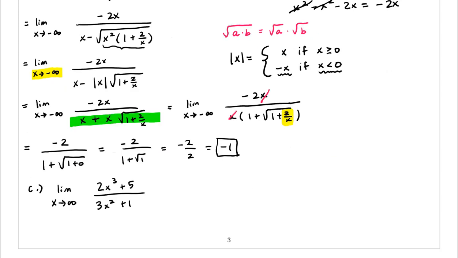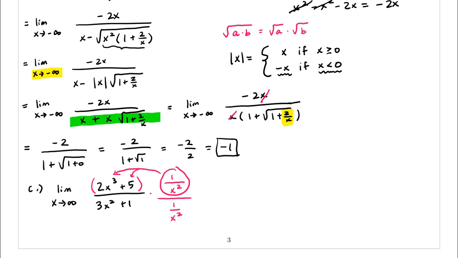In part C, we have the limit as x approaches infinity of 2x cubed plus 5 over 3x squared plus 1. I'm going to use that strategy that we saw in the purple box earlier, where I want to multiply by 1 over the highest power of x in the denominator, which in this case is x squared. So now I'm going to multiply 1 over x squared and distribute it to each of these terms.